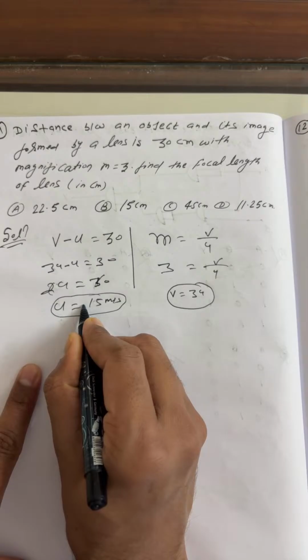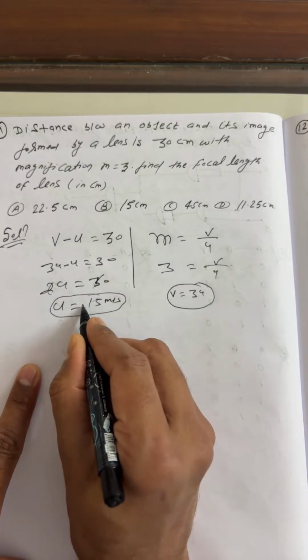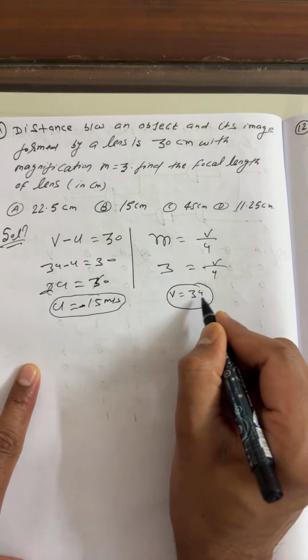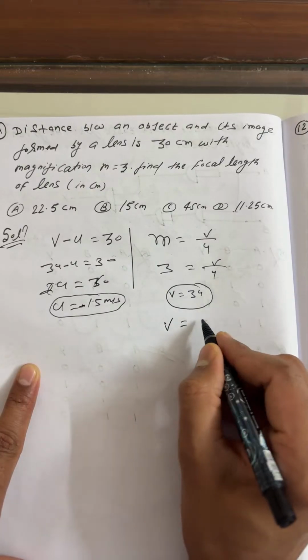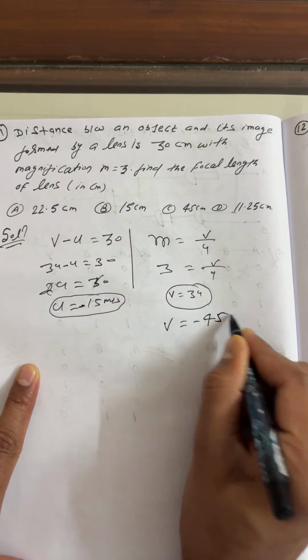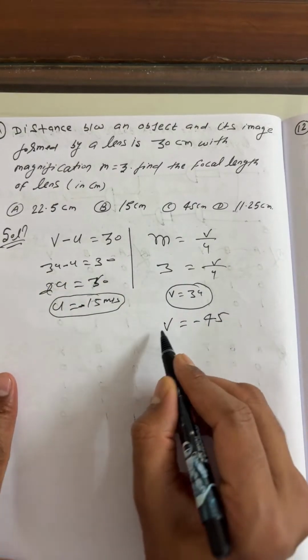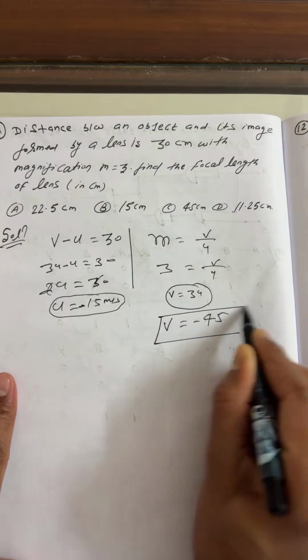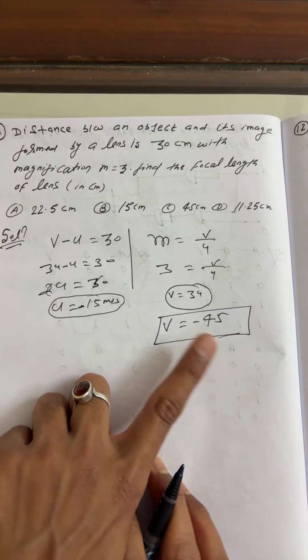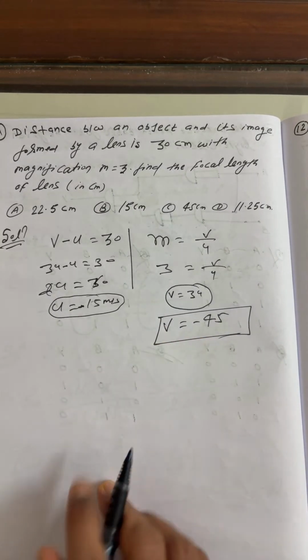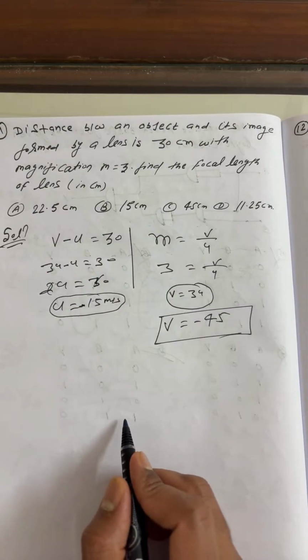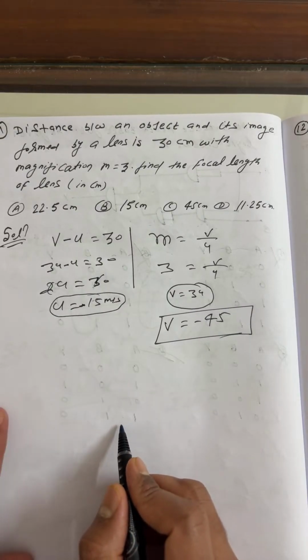For calculation, U is minus 15 and V is also minus 45, right? Then subtracting will give 30 also.